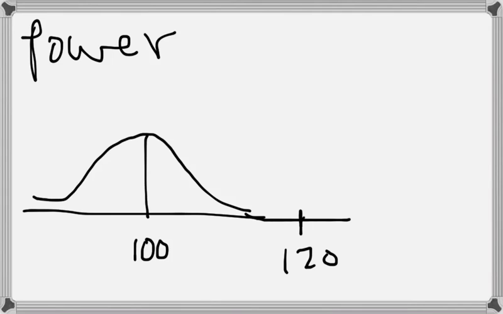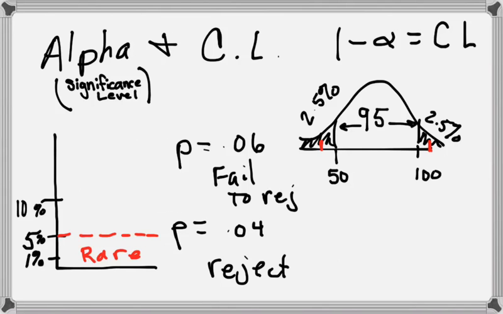Type 1 and type 2 error. Yes, they're bad. Type 1 error is easy. That's alpha. We've been talking about that the whole time today. Alpha is type 1 error. Alpha is never calculated. You choose alpha as 0.05 or 0.01 or whatever it is.